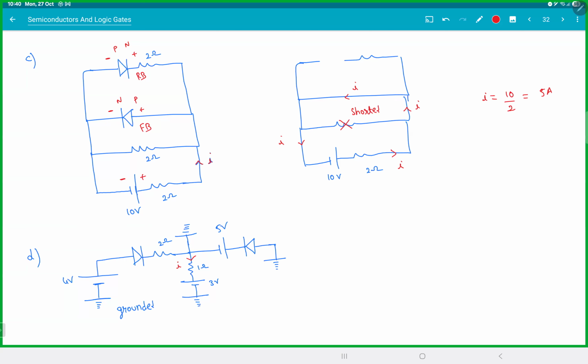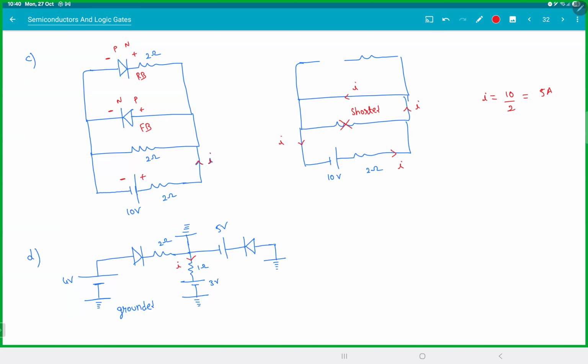Can you finish with the D1 also? I gave grounded and all that stuff. So find the current in that middle branch. First of all, figure out who is reverse bias and who is forward bias. Minus 1.